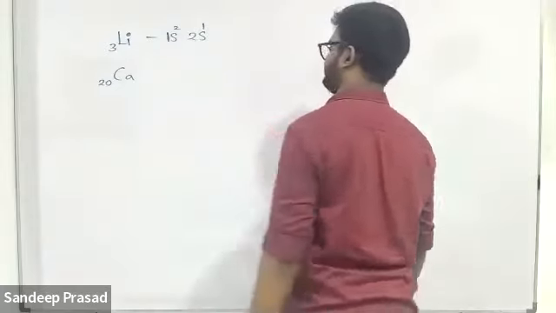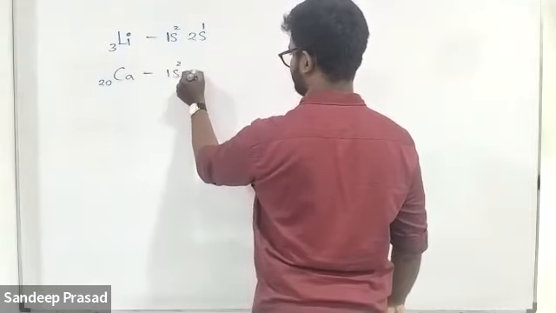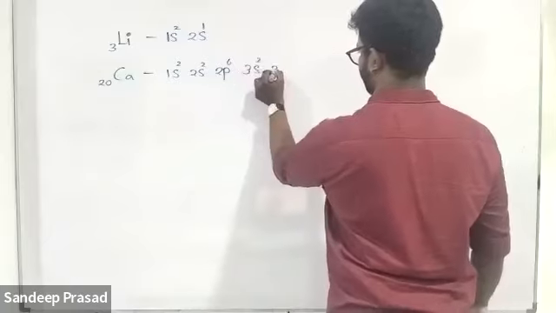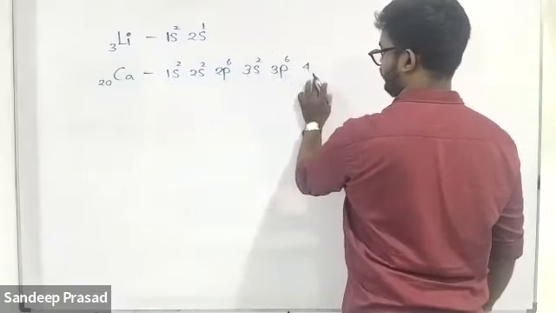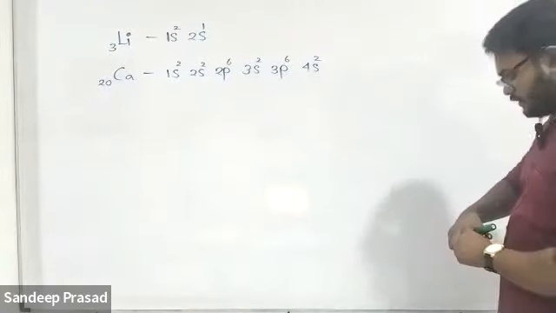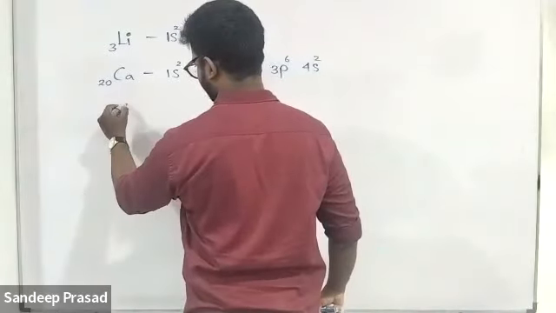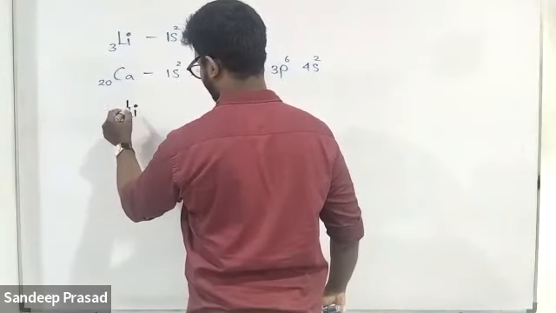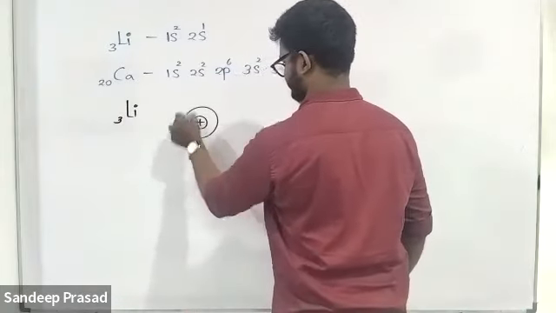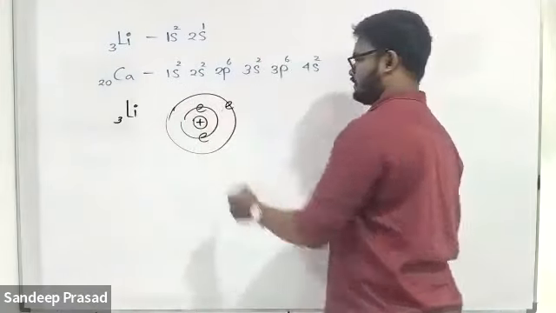Calcium is 1s2, 2s2, 2p6, 3s2, 3p6, 4s2. When you consider the lithium atom, there are only two principal energy levels. The lithium atom looks like this. There are 3 electrons in this way.